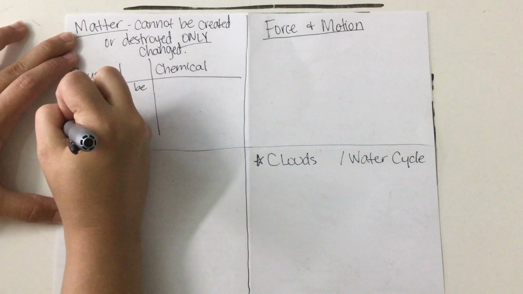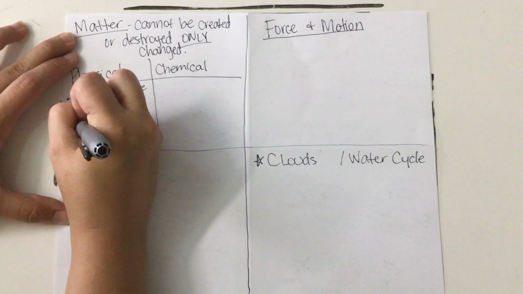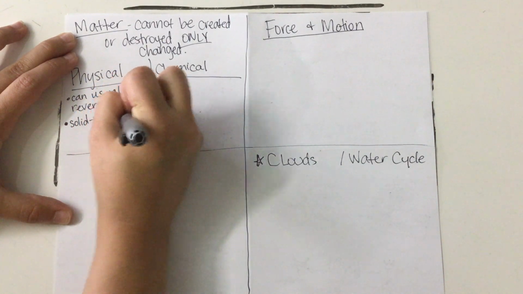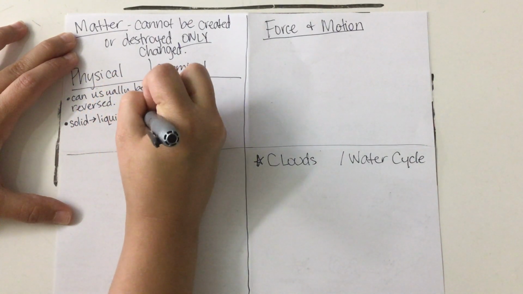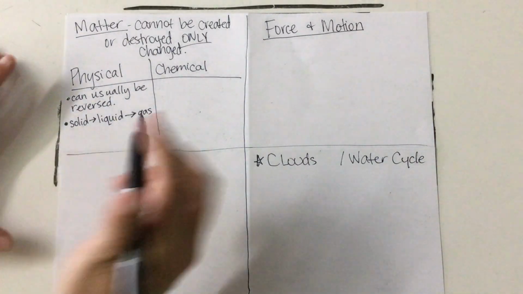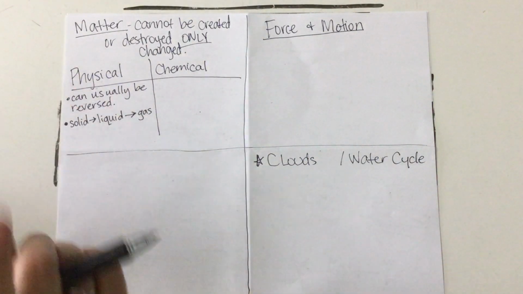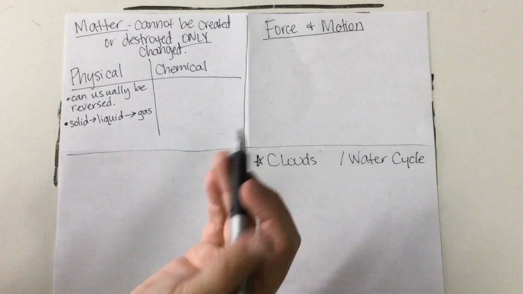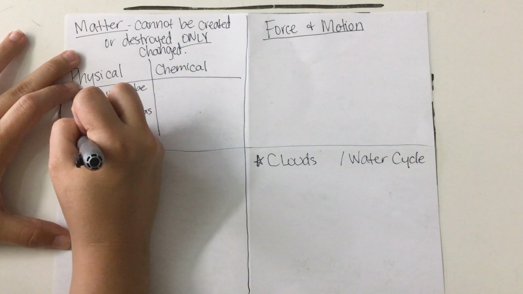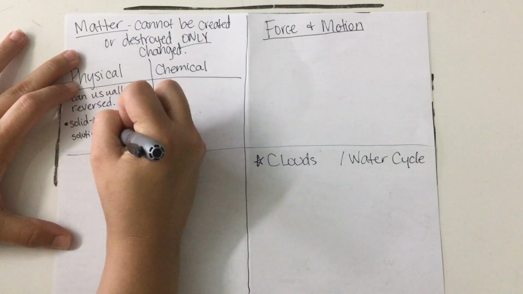It's when we may change from a solid to a liquid or liquid to a gas. Sometimes solid to a gas if temperatures are really extreme. Some examples of that might be cutting, melting, boiling, folding, etc. Or when we have solutions or mixtures.